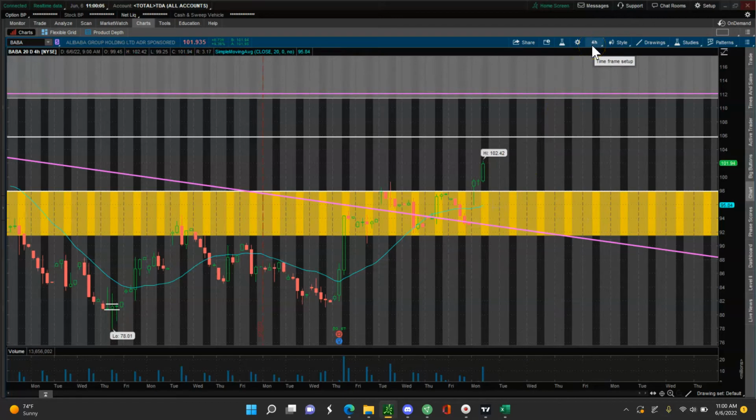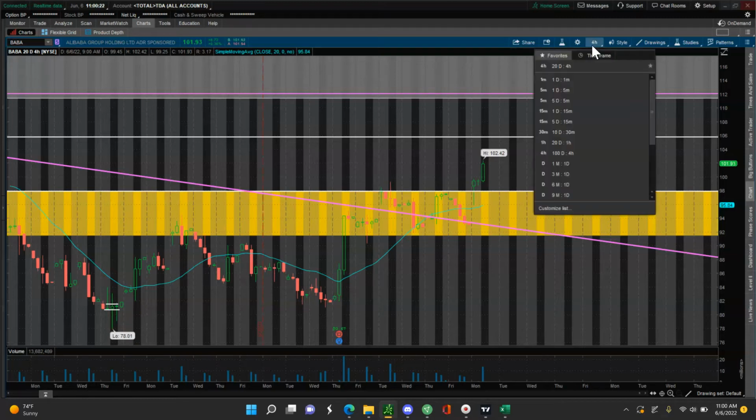So while a candle may close at 100 on a 4 hour time frame, the 15-minute candle at that same period of time would have closed at a different number, more than likely.